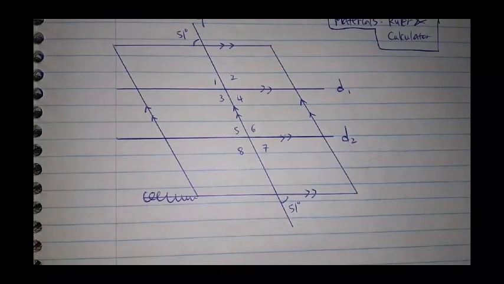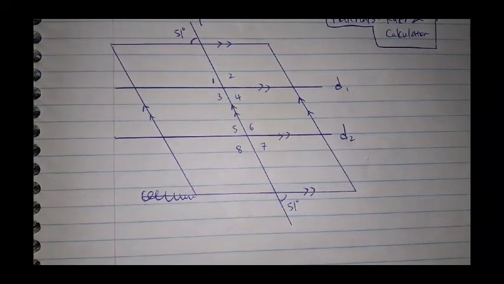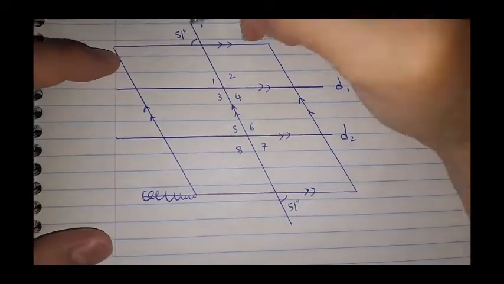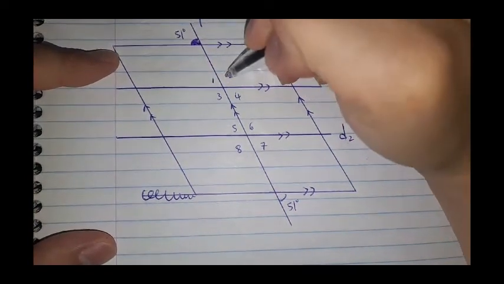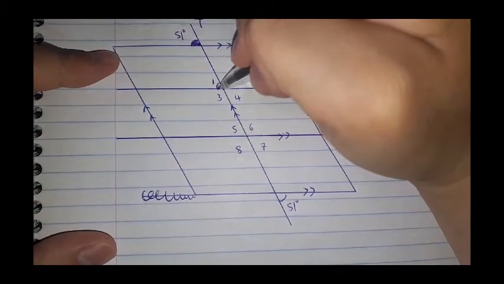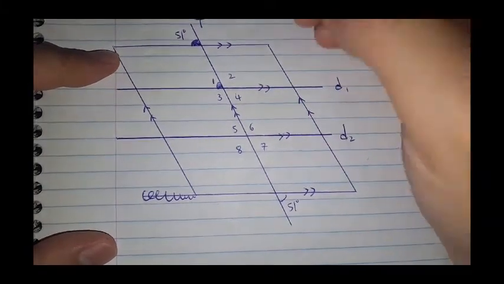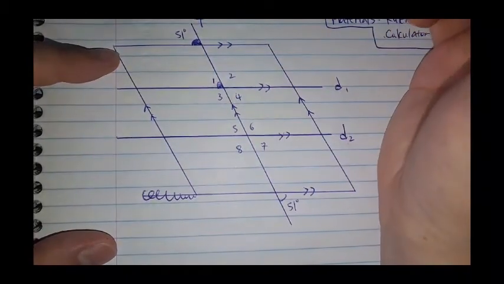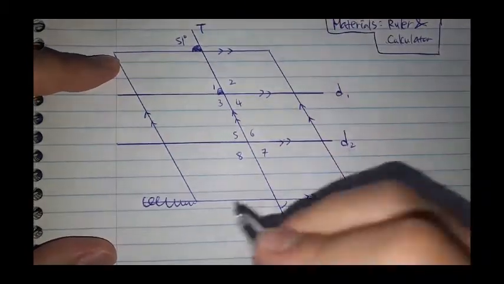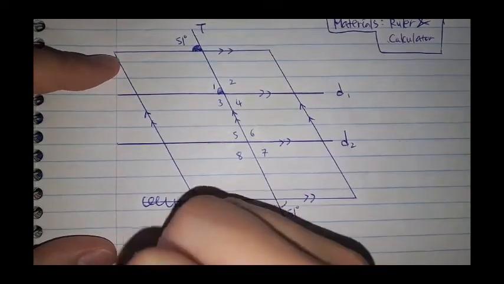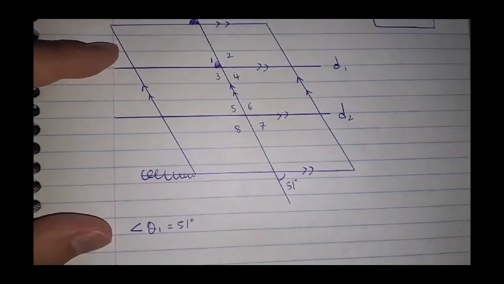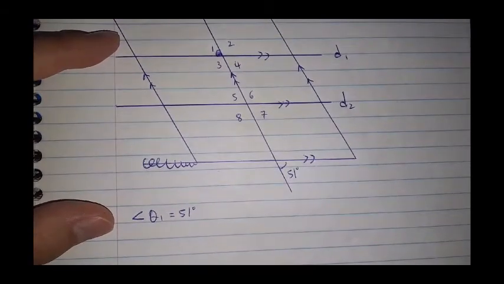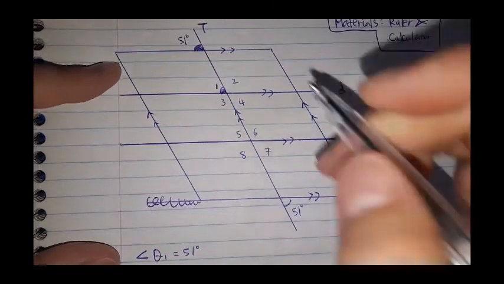Now, if you look at some of those clues, can you see that 51 degrees is located over here, and my corresponding angle is located at theta 1, right? In parallel lines, corresponding angles are equal. So theta 1 is equal to 51 degrees. Do we know any opposite angle? Yes, we do.